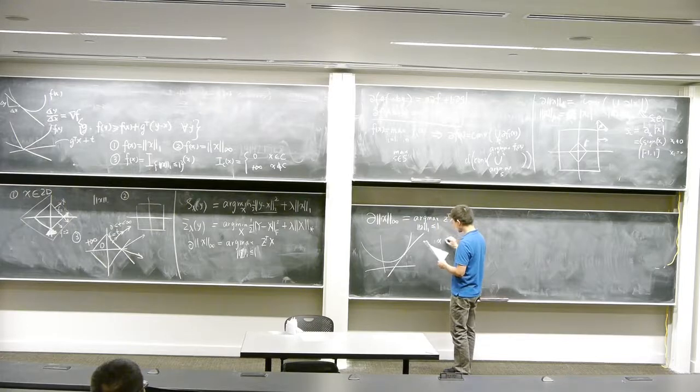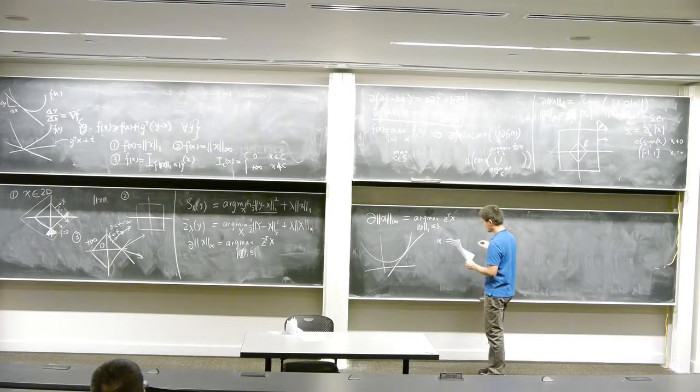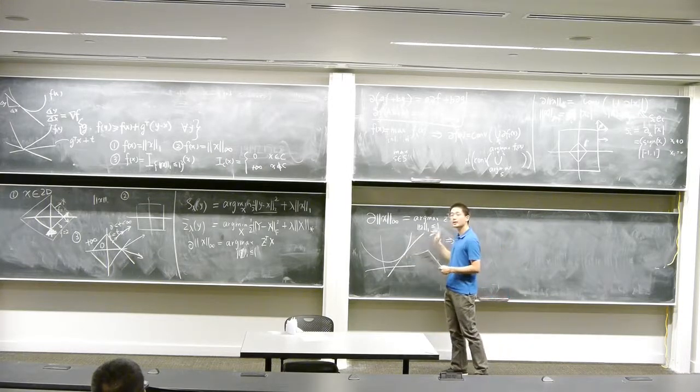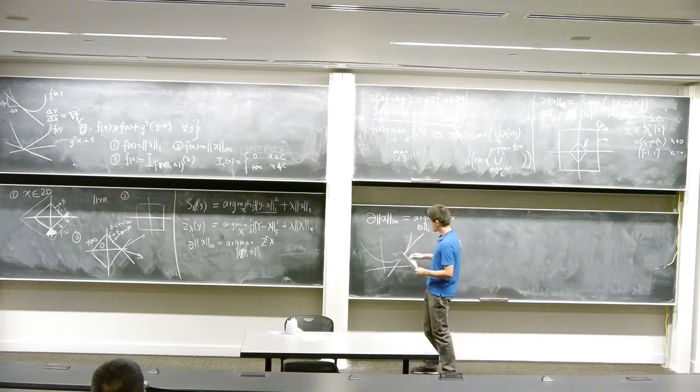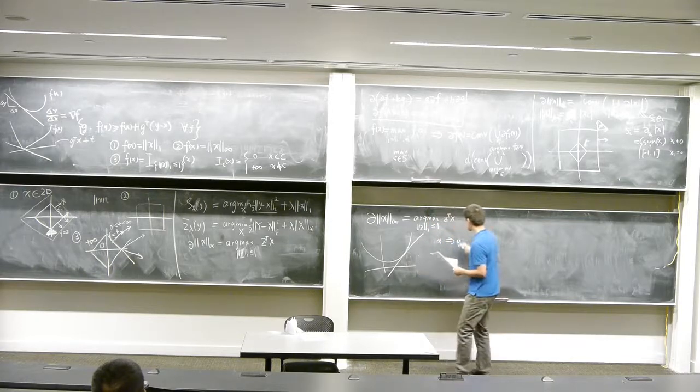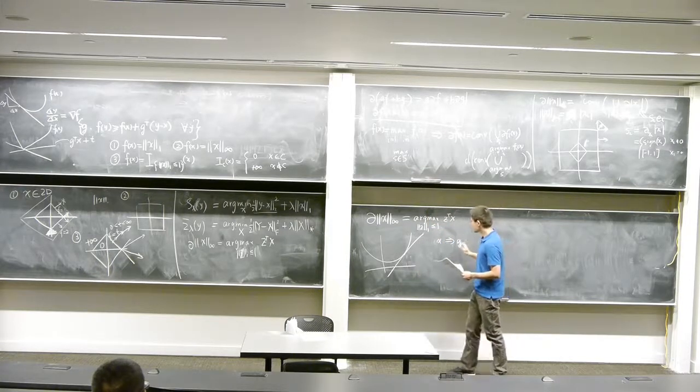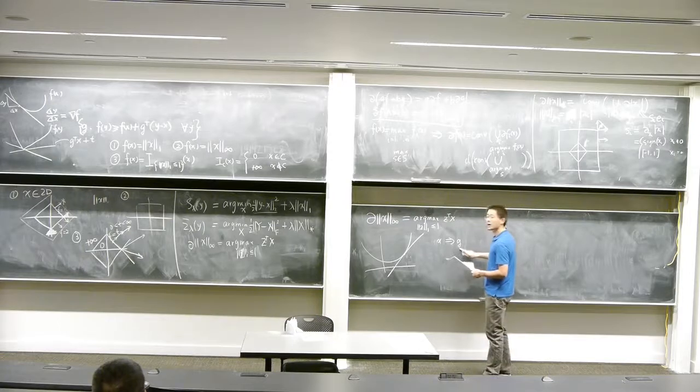For every x, we get a g. That is the gradient of the tangent plane. And if it's non-differentiable, then this is the subgradient.